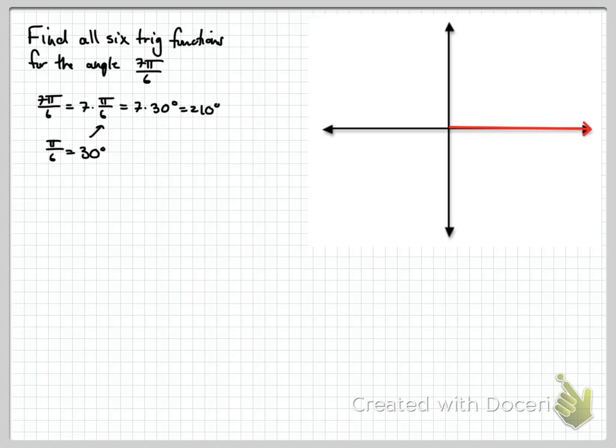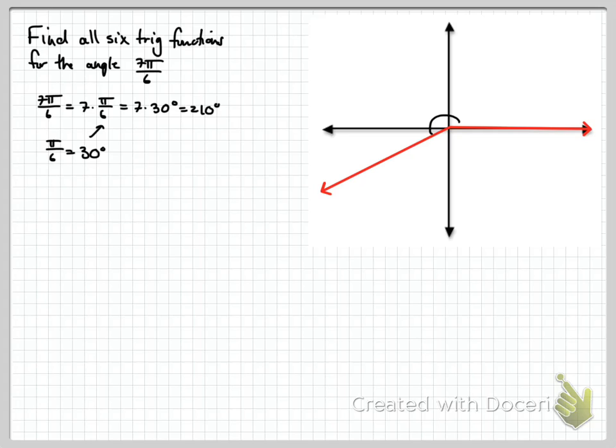Now I know that this is 180 degrees, and so 210 degrees is just going to be 30 degrees farther this way. So we'll draw the angle as such. So here's our angle, 7 pi over 6, or 210 degrees, whichever one you want to call it.